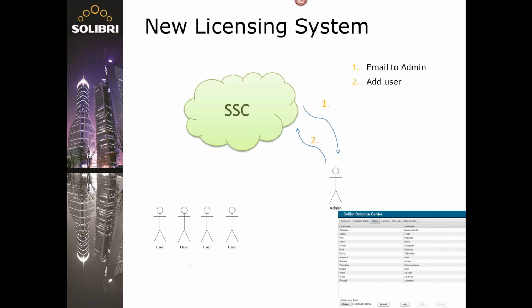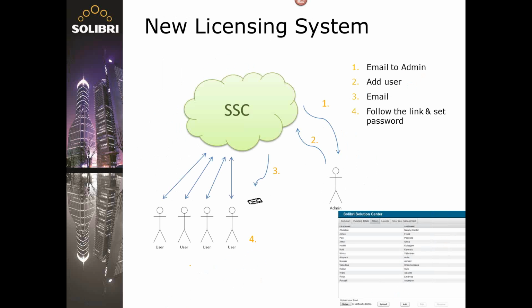He can do that manually, or he can import the values from Excel. It just takes names and email addresses, not too much. When a user is added to the license pool of a company, the Solution Center automatically sends an email to the user.